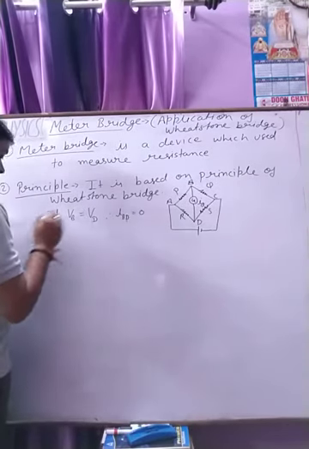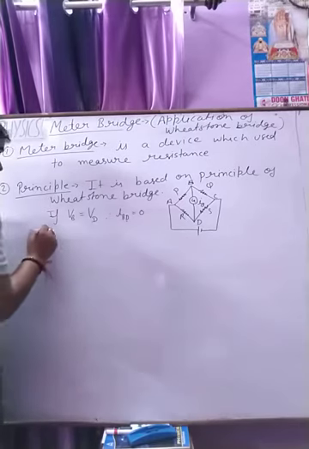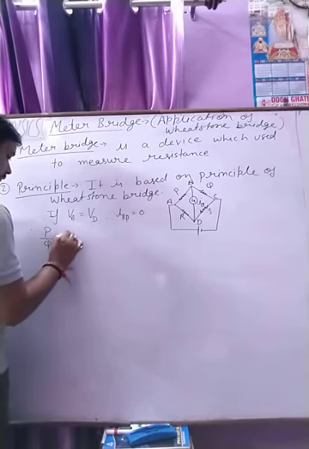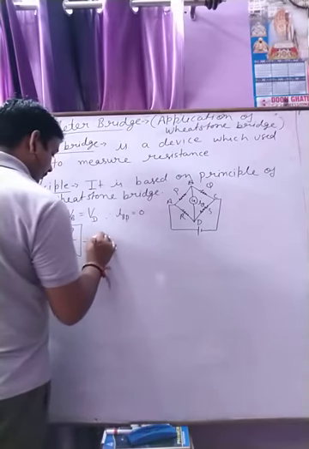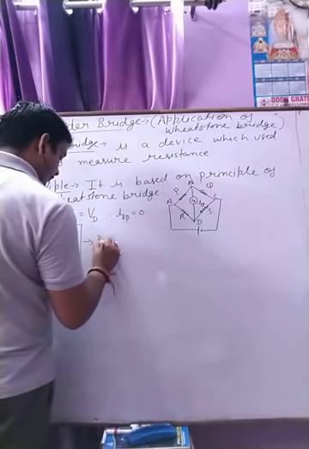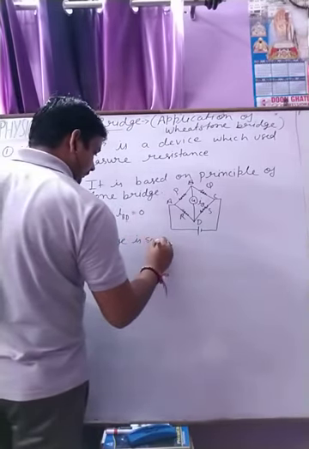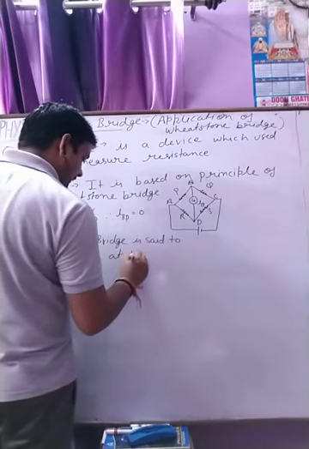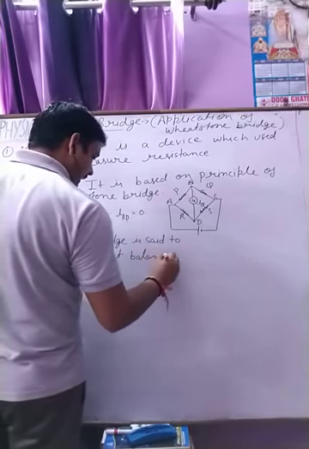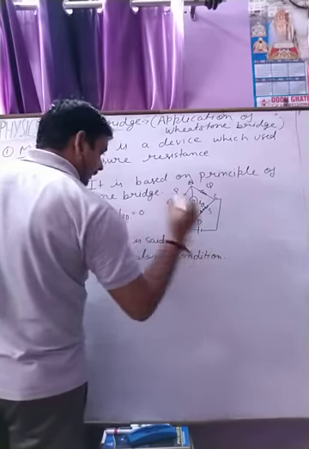Therefore P upon Q equal to R upon S. The bridge is said to be at balanced condition.